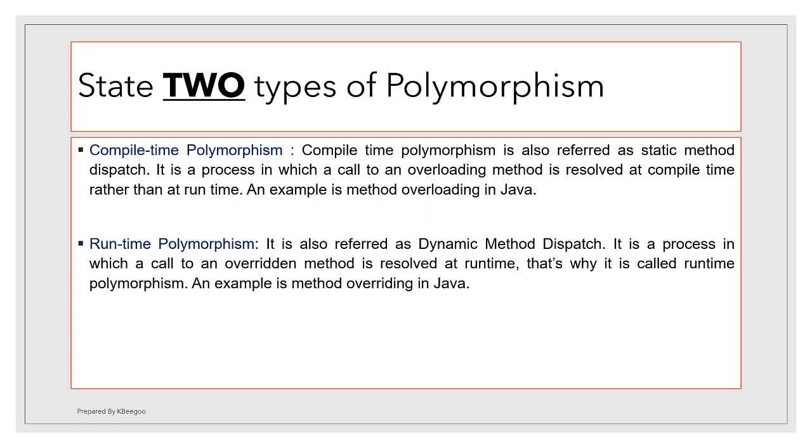Runtime polymorphism is also known as dynamic polymorphism or dynamic method dispatch, and method overriding is runtime polymorphism.